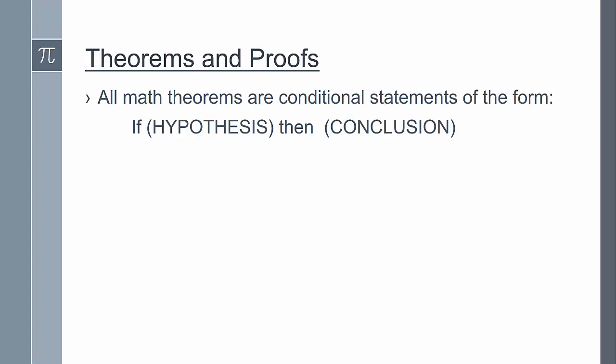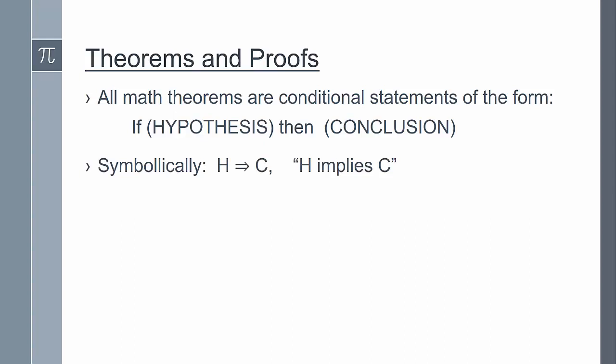So we have an if, then some hypothesis, then a conclusion. Sometimes theorems are written kind of informally as just one conclusion, but we can always write theorems in this form: if H, then C. So a conditional statement says that the hypothesis implies the other statement called the conclusion.